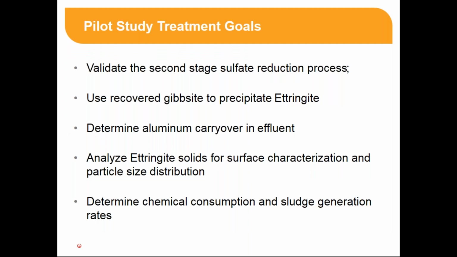The main goal of the pilot study was to validate our second stage sulfate reduction process and use the recovered gibbsite to precipitate our ettringite solids, and also to determine how much aluminum is in the effluent, since we are using a recovered aluminum source instead of a fresh one. We also wanted to analyze the surface characteristics of the ettringite solids.